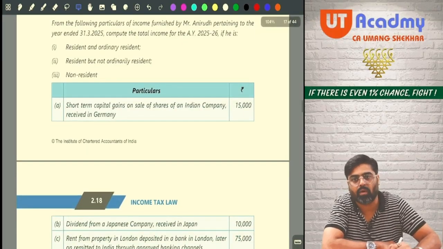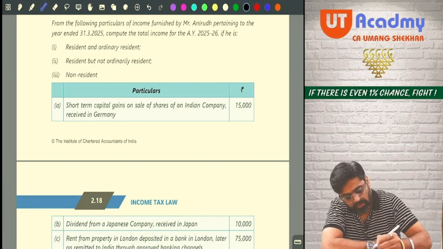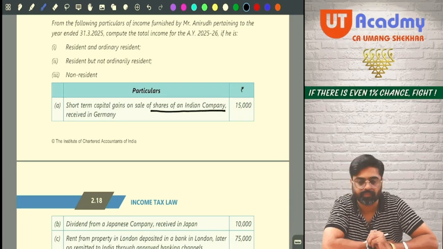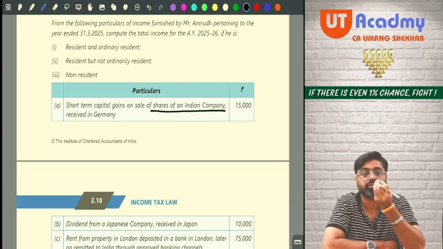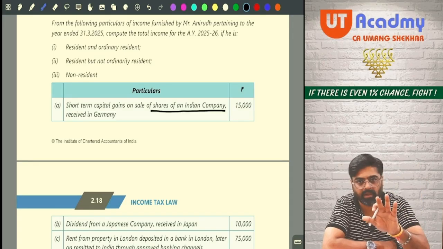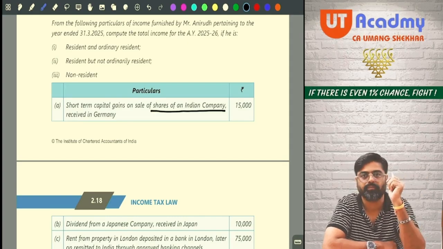Short-term capital gain on sale of shares of an Indian company received in Germany. Shares of which company? Shares means your asset, capital asset. Any type of asset is a capital asset. So shares is your capital asset.